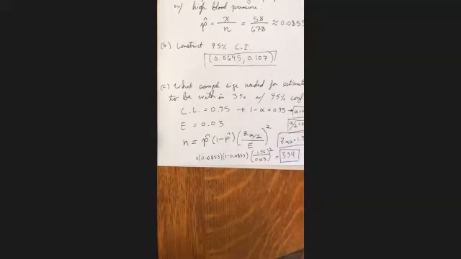So that is the required sample size in order to have our estimate be within 3% of the sample proportion with a 95% confidence. There we go.